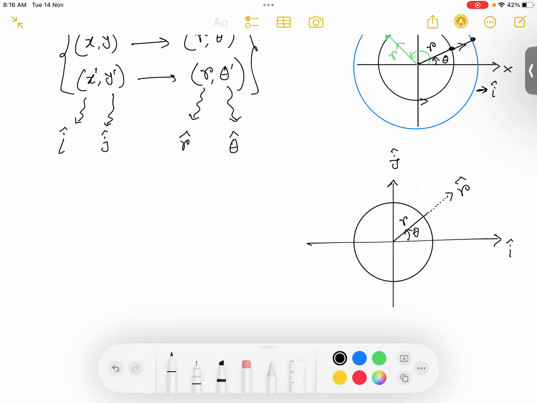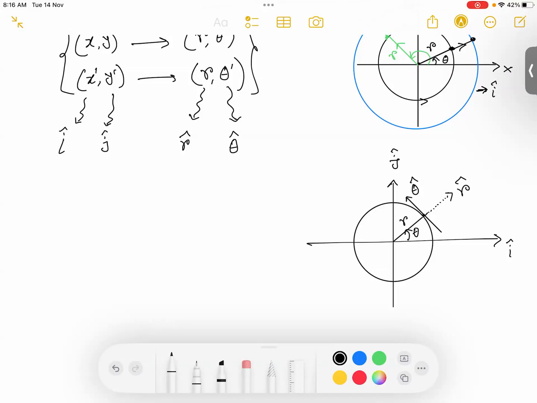Okay? We need the theta hat direction. So theta increases counterclockwise. At this point, we'll choose a tangent line to the circle to specify the direction of theta. So theta hat will be like this. Okay, so theta hat will be the tangent at this particular point.